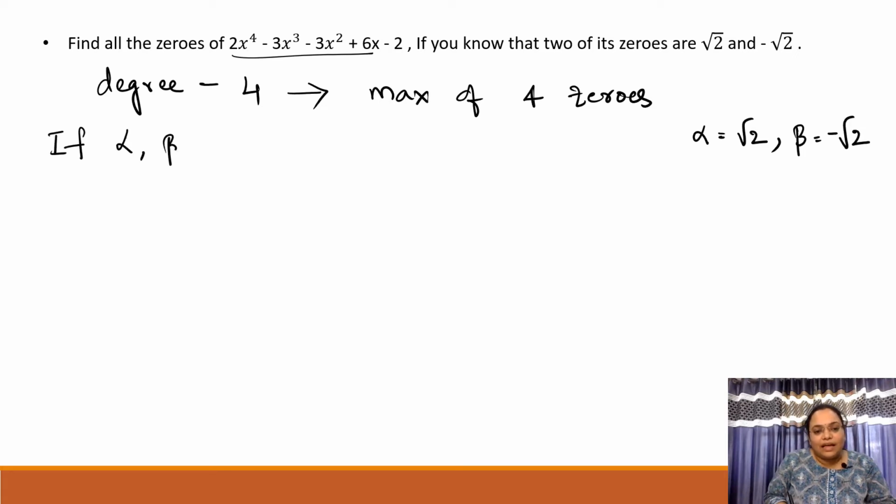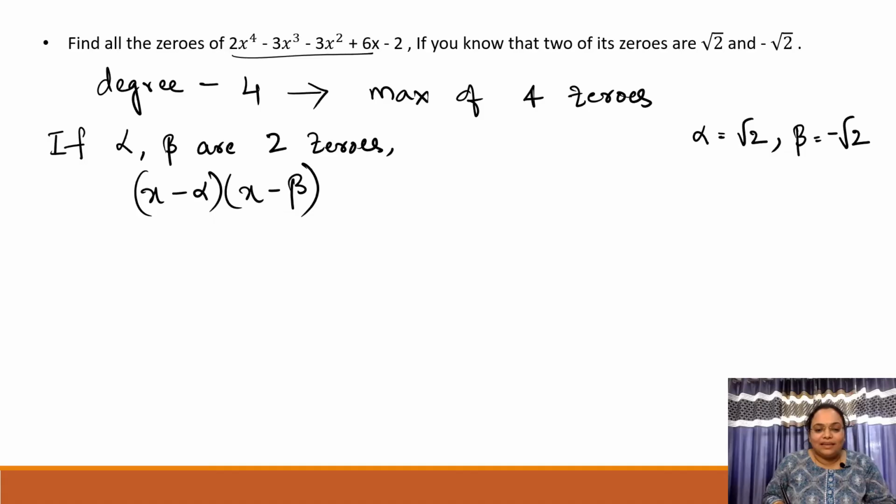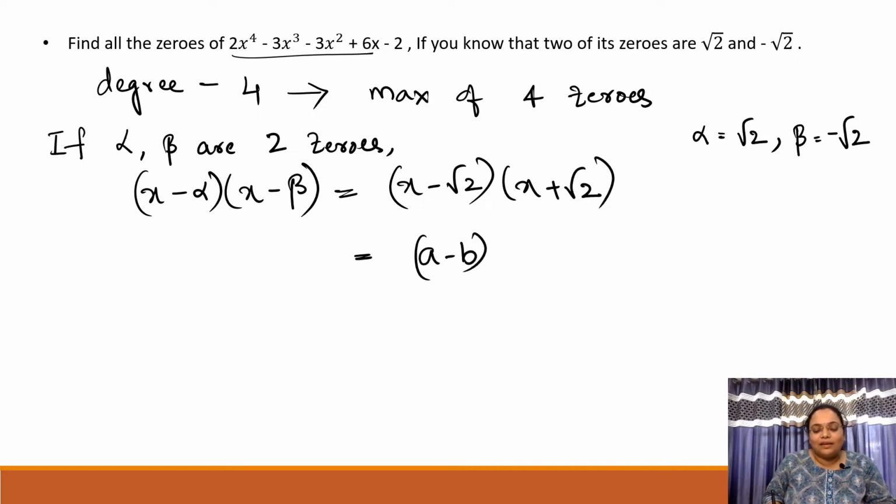If alpha and beta are the two zeros, what will be the factors of these two zeros? That will be x minus alpha, x minus beta. Now substitute these alpha and beta values in this. X minus root 2, x plus root 2. This is in the form of a minus b into a plus b, which is a square minus b square, right?